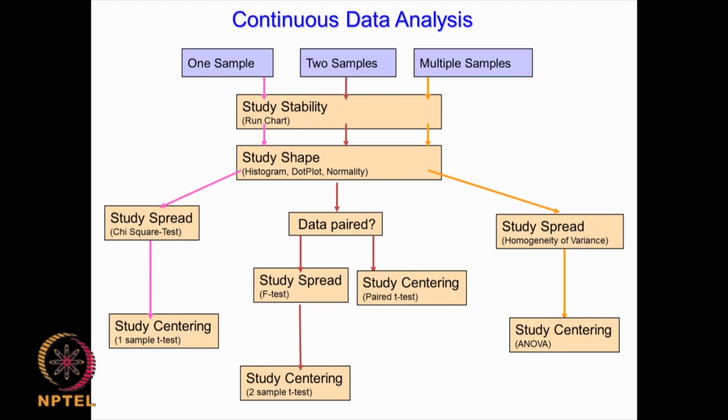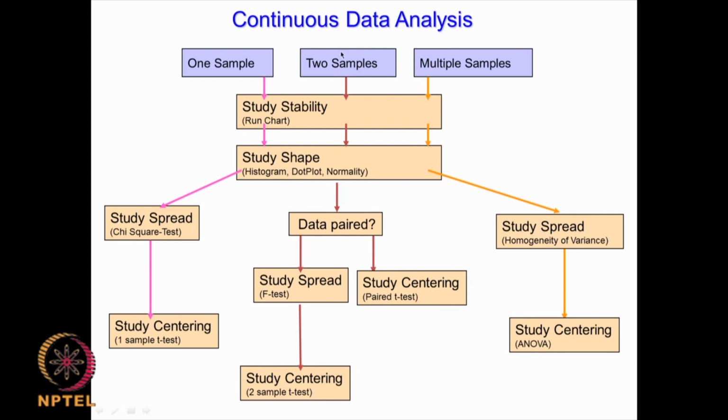So, I take 10 students in that school and calculate their 12th standard average, I may get some x bar. Now, I want to know whether this x bar is related to the 95% school average, which is more like a population, or is it very far away. So, here we are collecting only one set of samples and then comparing with the population, that is called a one sample test or one sample t test. Here we are comparing the mean of the sample with the population mean.